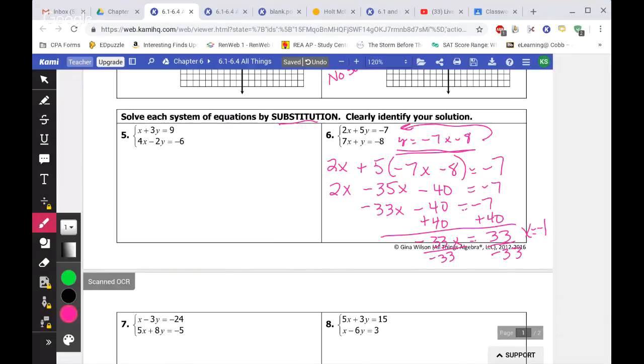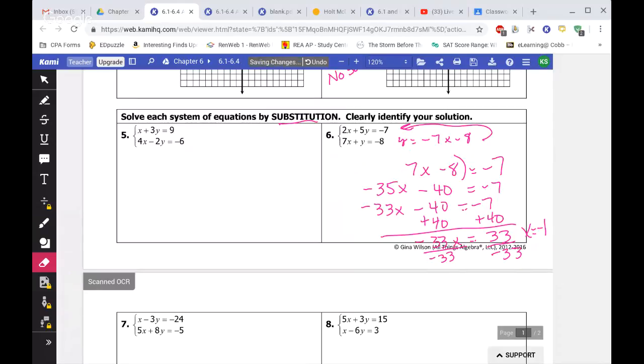And now I'll take that negative 1 and substitute it back in. At this point, it doesn't really matter which one you choose when you're substituting just the value of x.